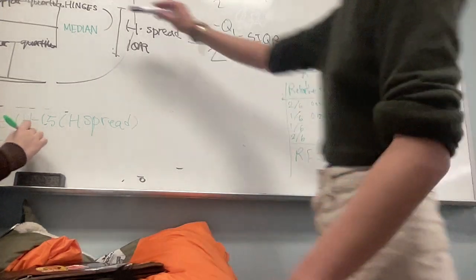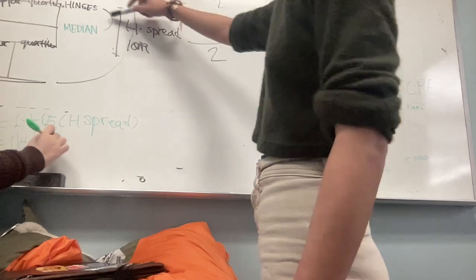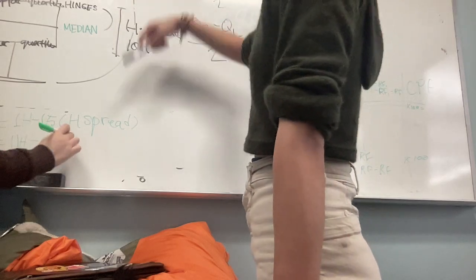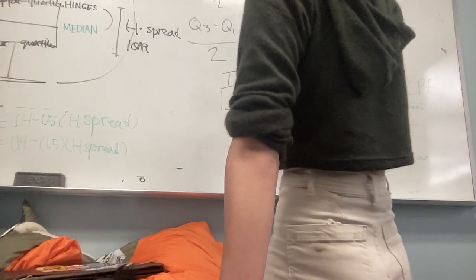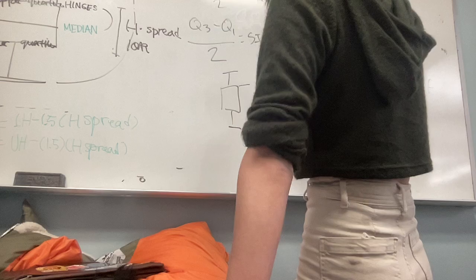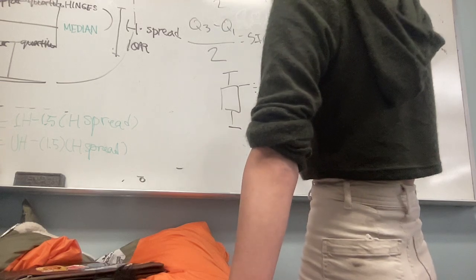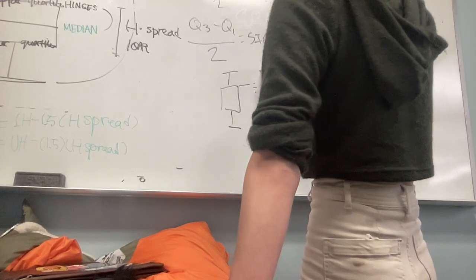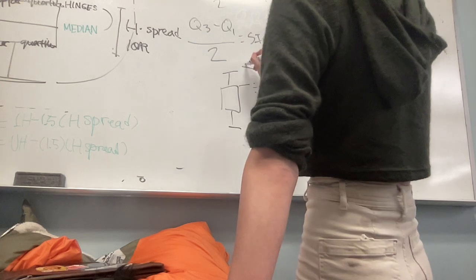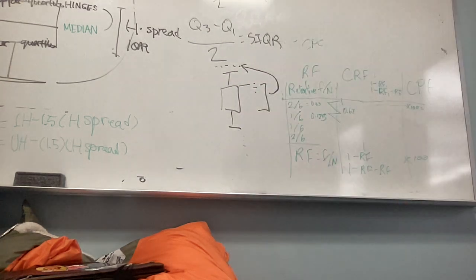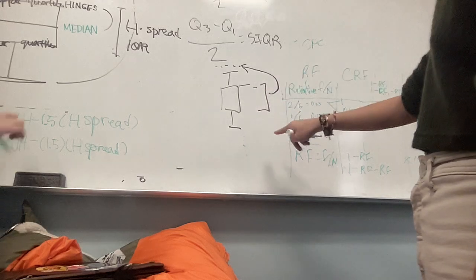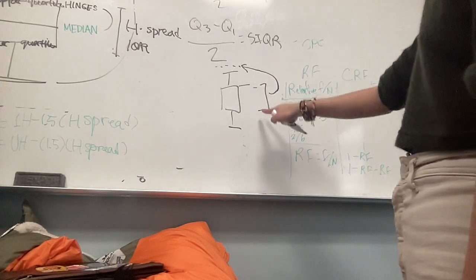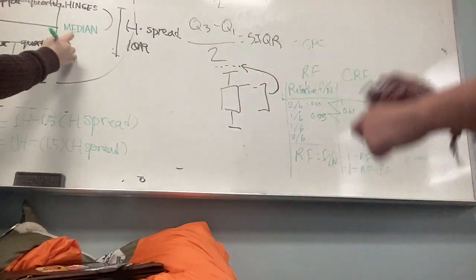So it's the hinge minus 1.5 the spread equals. Hinge minus, not divided. Minus 1.5 the spread equals that. Okay.